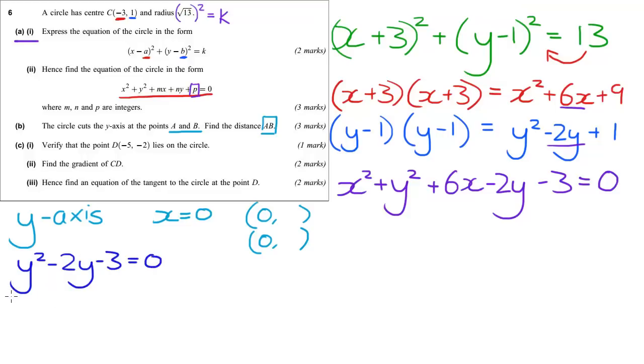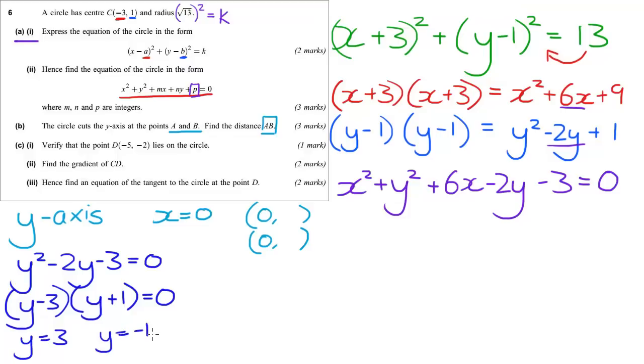So that's just a quadratic. We do what we always would do with a quadratic. I know you normally have x's in there, but you can do it with any letter. So we're going to get y minus 3 and y plus 1, equal to 0, which means that y is equal to 3 and y is equal to minus 1.